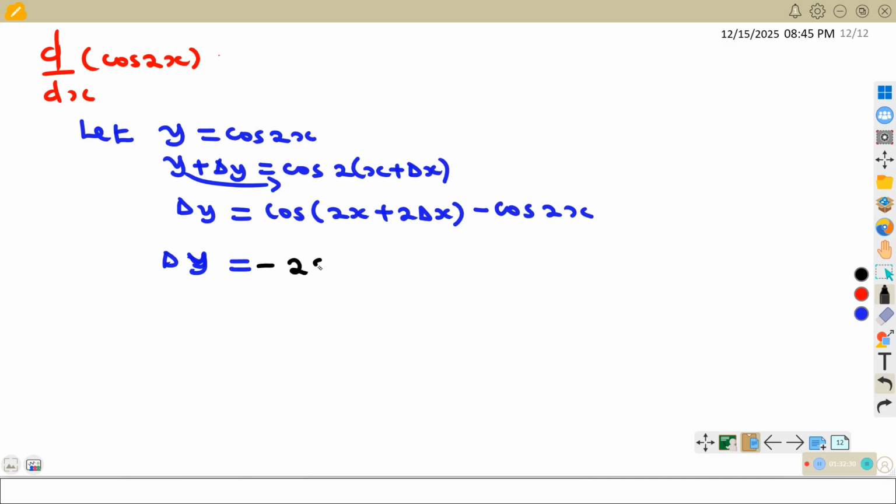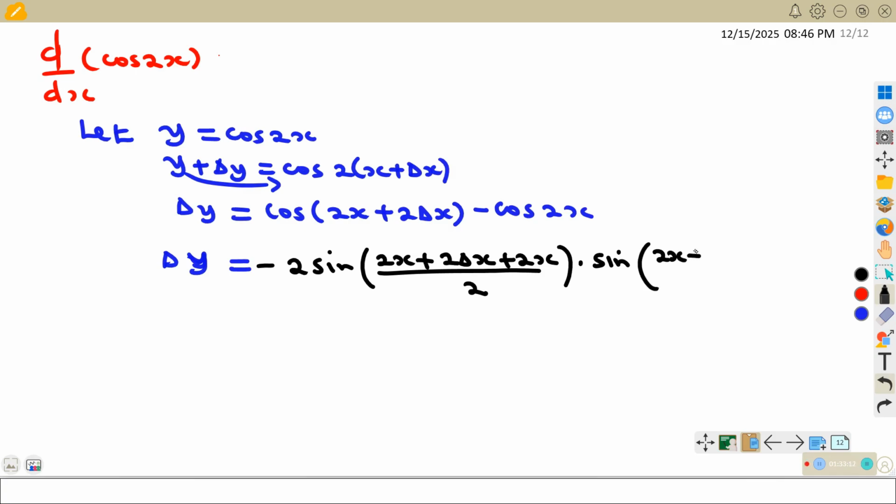We get negative 2 sine of (2x plus 2x plus 2 delta x) over 2, then in bracket multiply by sine of (2x plus 2 delta x minus 2x) divided by 2. All right, thank you.